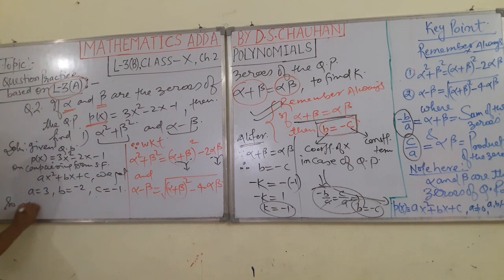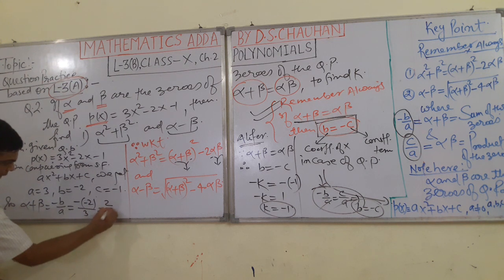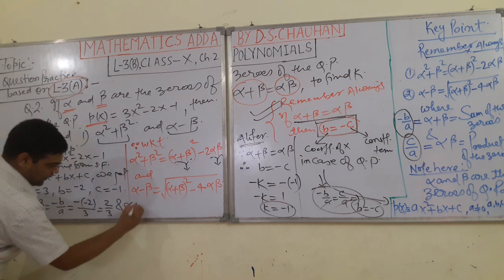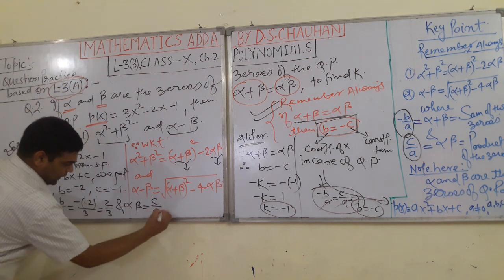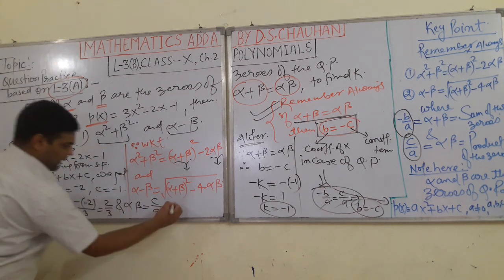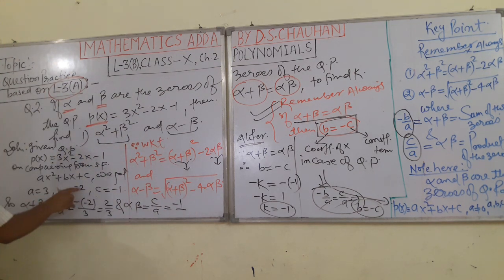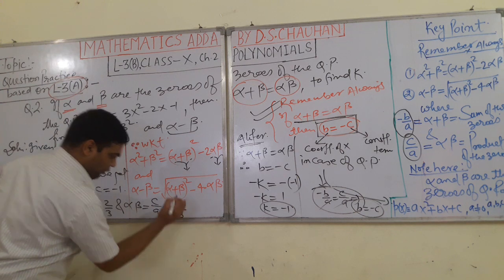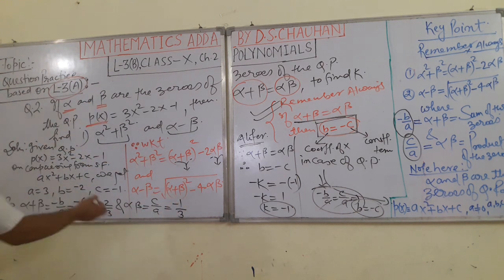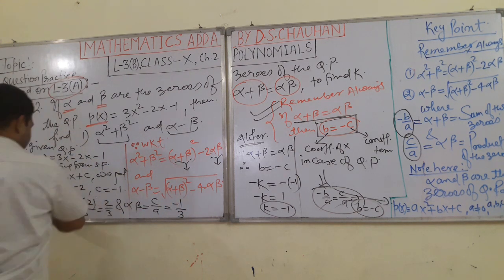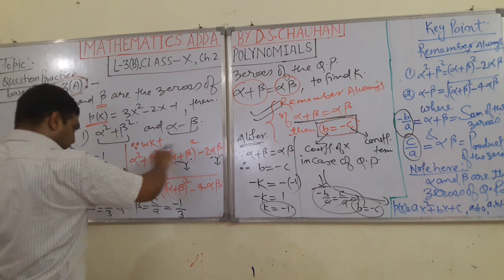So alpha plus beta is minus b upon a. Minus b is minus of minus 2, and a is 3. So it is 2 by 3. And alpha beta is c upon a: the constant term is minus 1 and a is 3. Now students, we have alpha plus beta and alpha beta. We will use these values in these formulas.